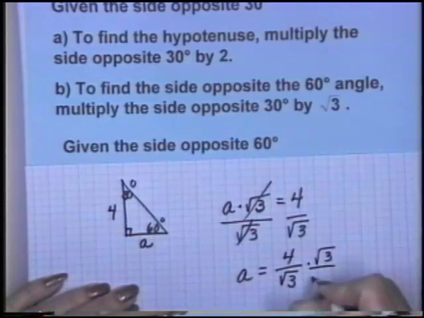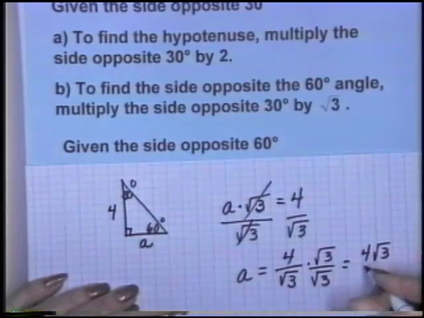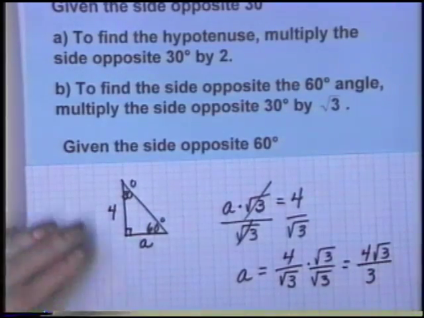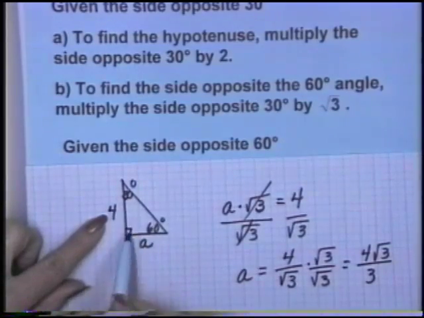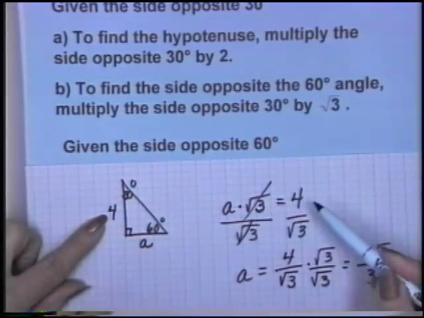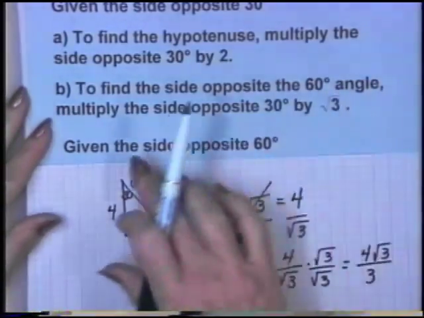Now you know we're going to rationalize that. So we'll say 4 times the square root of 3 over 3. Now look at what I did to the leg across from the 60 to get the leg across from the 30. I took it and divided by the square root of 3.